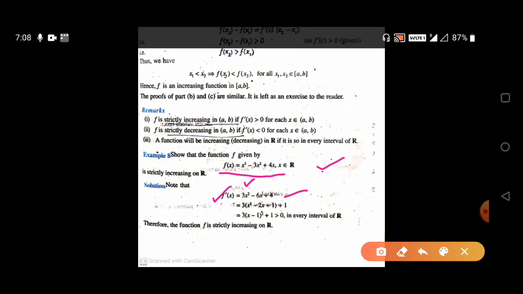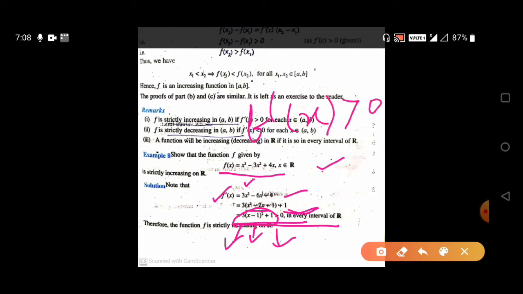Now if we write it like this, 3(x² − 2x + 1), then it will be greater than 0 because x² − 2x + 1 is equal to (x − 1)². (x − 1)² is always positive, 3 is positive, 1 is positive. Since all are positive here, it will be greater than 0. So from here we get f'(x) is greater than 0.